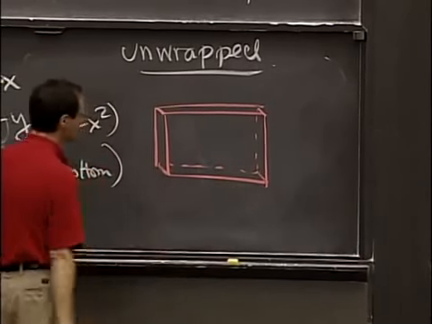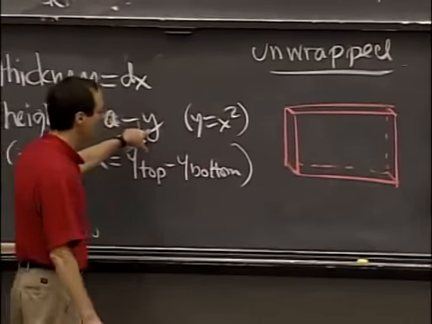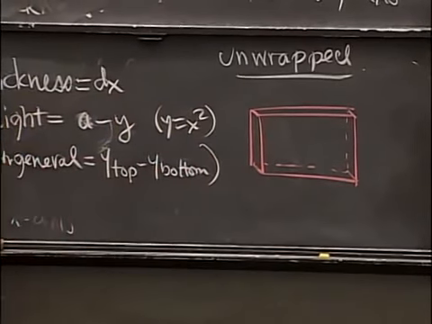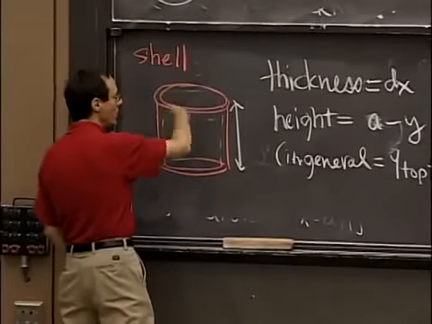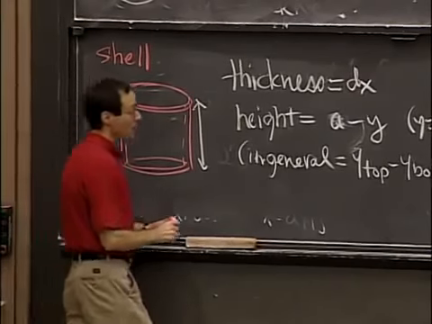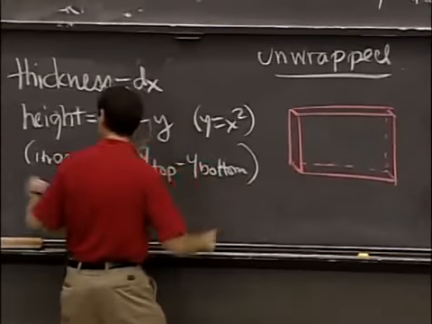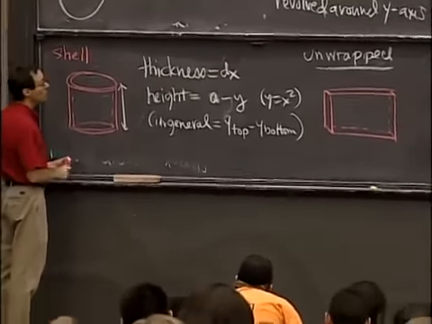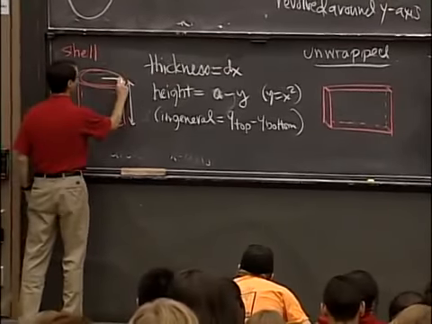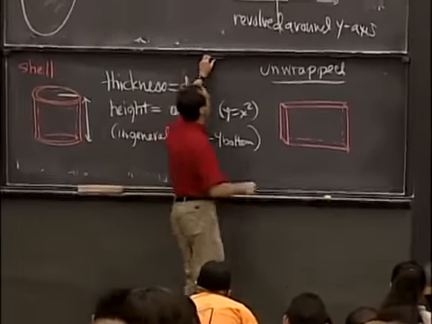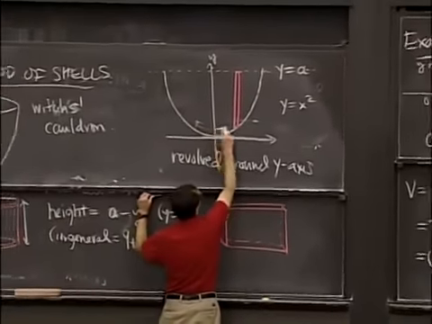And again, the thickness is dx, the height is a minus y, and now we can see that the length here is all the way around. It's the circumference, all right? So this is going to be the circumference when I unwrap it. And in order to figure out the circumference, I need to figure out the radius. So the radius, on this diagram, is right over there.